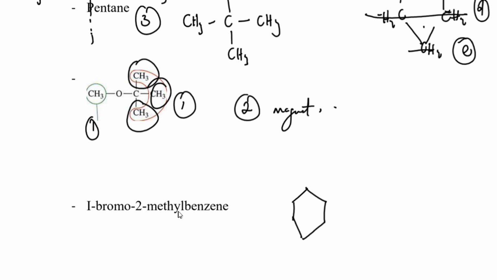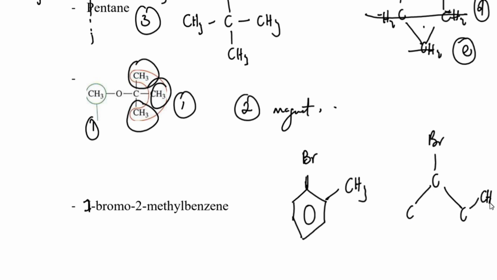Let's draw it: 1-bromo, 2-methyl benzene, with Br and CH3. Now looking at this one, we can draw it again with this Br, and this C, this C, then CH3.